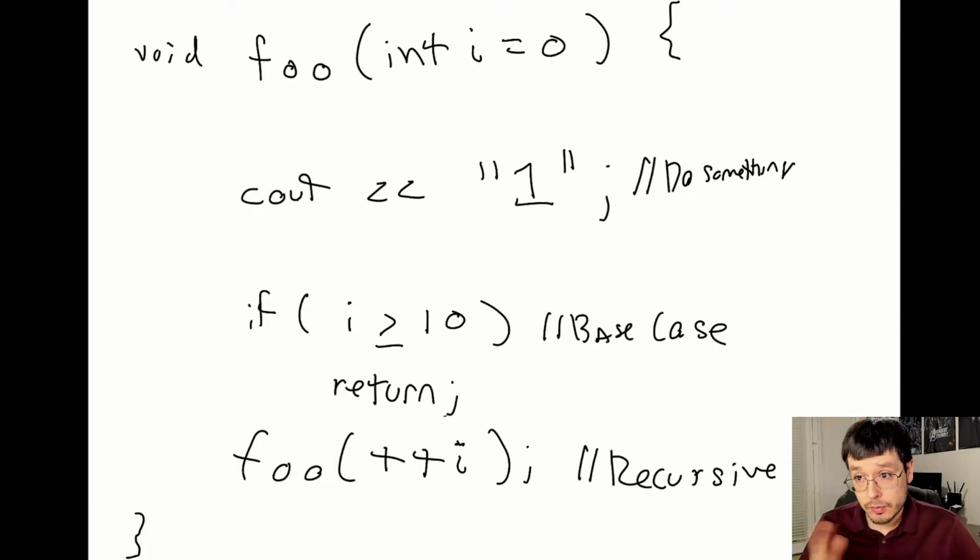So I am just going to have it print out 1 at a time, and then it's going to call itself. And when it reaches 10 times, by using i to remember how many times it has run, then it will go ahead and terminate. And so, yeah, it works pretty well.